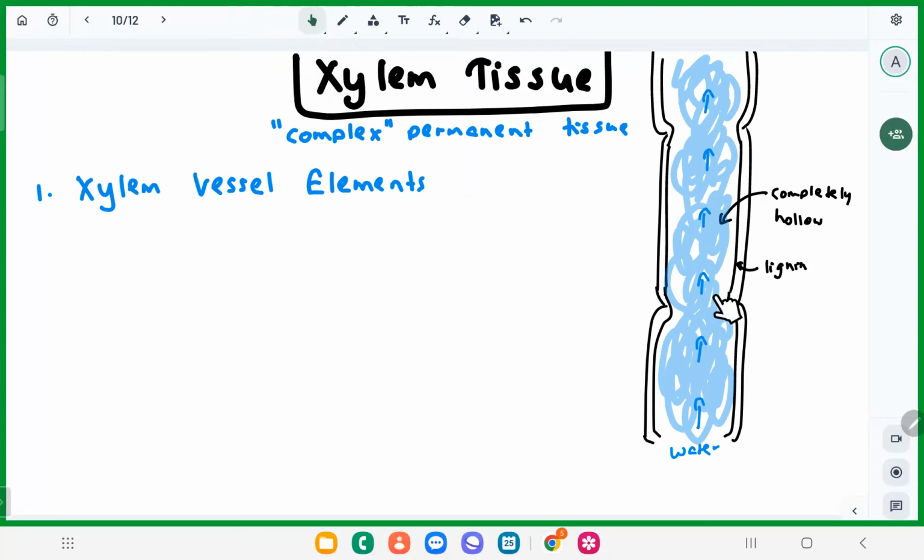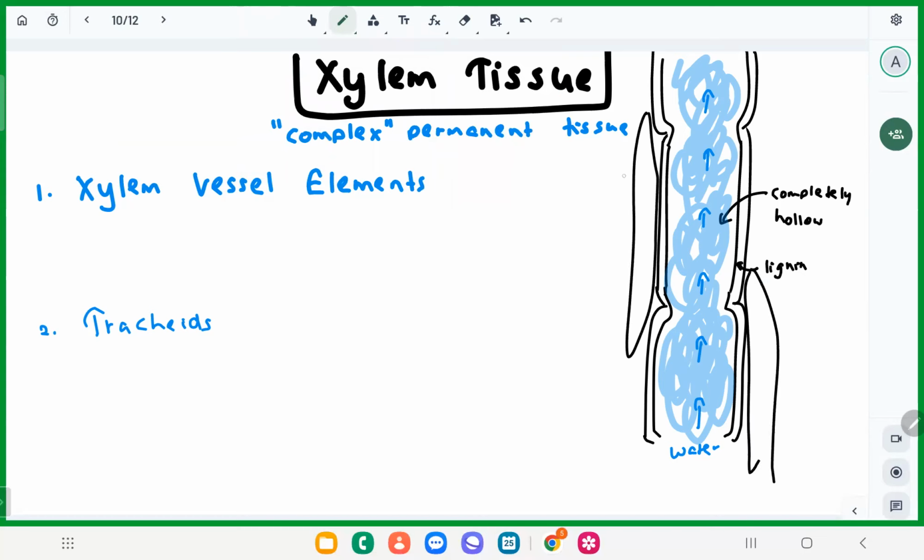And in addition to this cell, there's also another cell called the tracheids. The second type of cells are called the tracheids. These are long cells which are found associated with the xylem vessel elements.